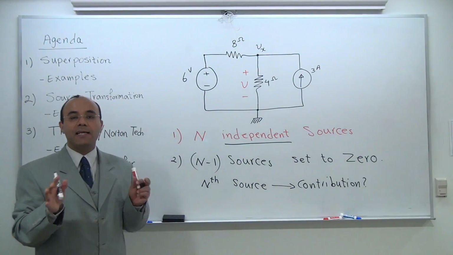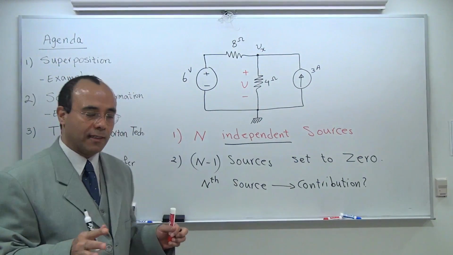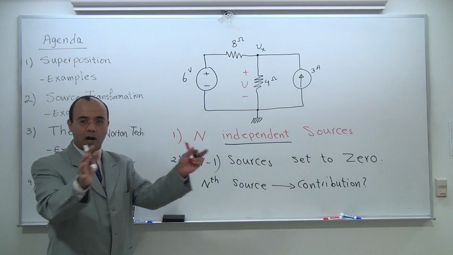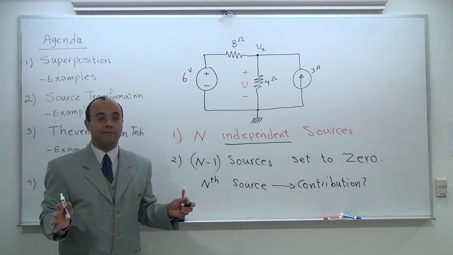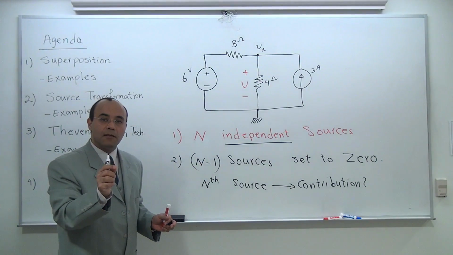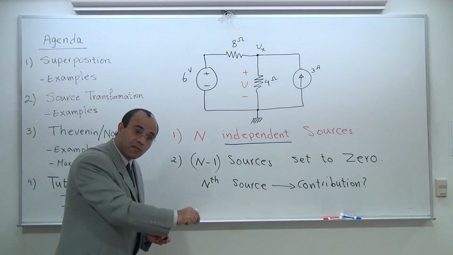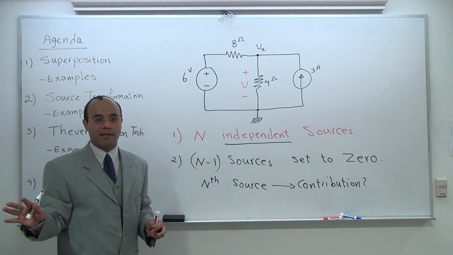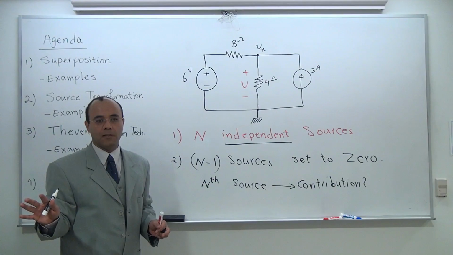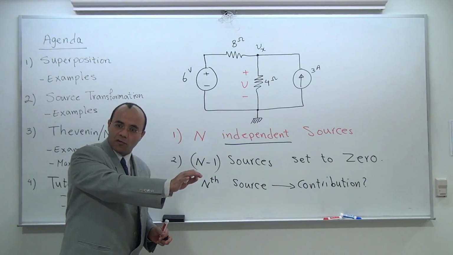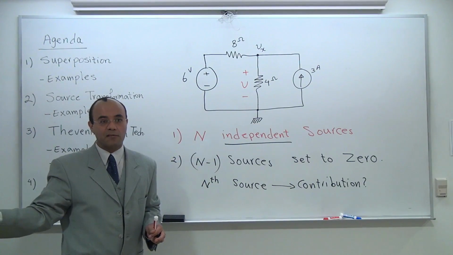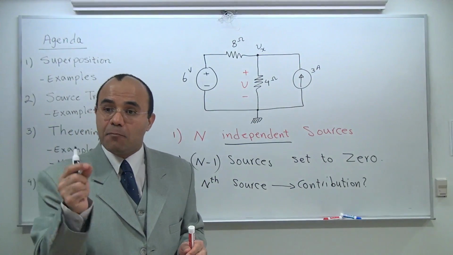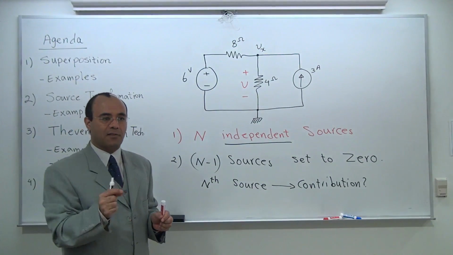After I calculate that contribution, I'm going to change the roles. I'm going to combine everything together, and another 10 is in front of me. This time, I'm going to pick a different source and shut down the rest, the n minus 1 sources, to 0. Next time, one more source, and shut down n minus 1. Each time, n minus 1 sources are shut down to 0, but each member takes its position once at a time.